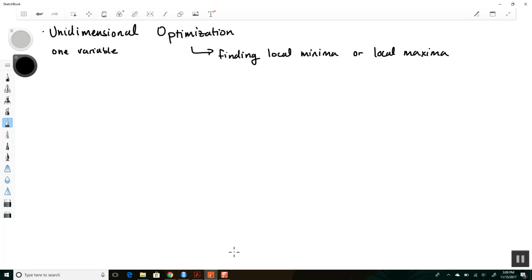Okay, so in the context of statistics, can you think of any situations where we want to maximize a function or minimize a function? Think of maximizing something in the context of statistics, how this might be useful to us.